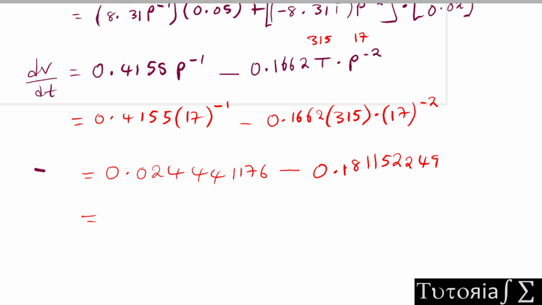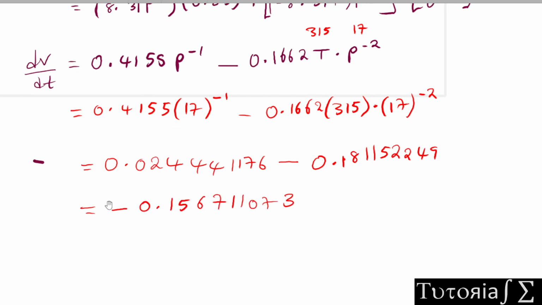So here we see that we have a negative 0.156, so that is decreasing. That is approximately negative 0.1567 liters per second.